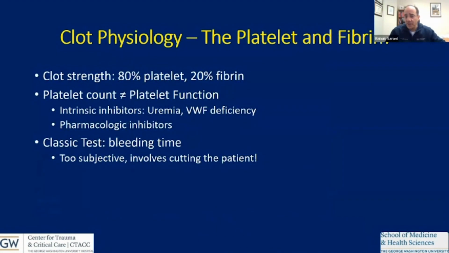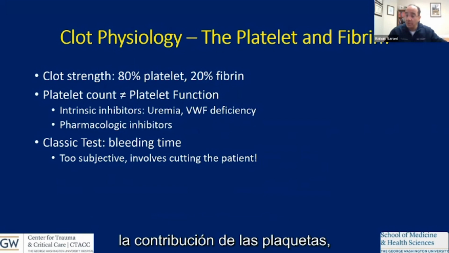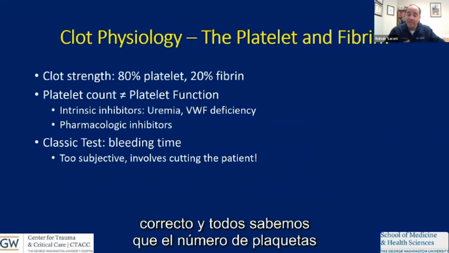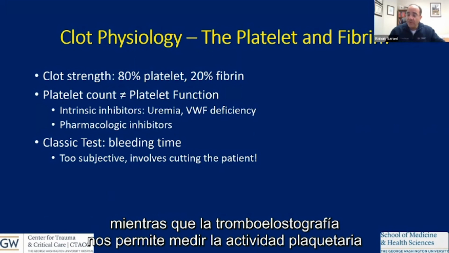In addition, the conventional tests do not account for the platelet contribution, right? And we all know that platelet number and platelet function are 2 very different things. Whereas thromboelastography allows us to measure platelet activity or platelet function.